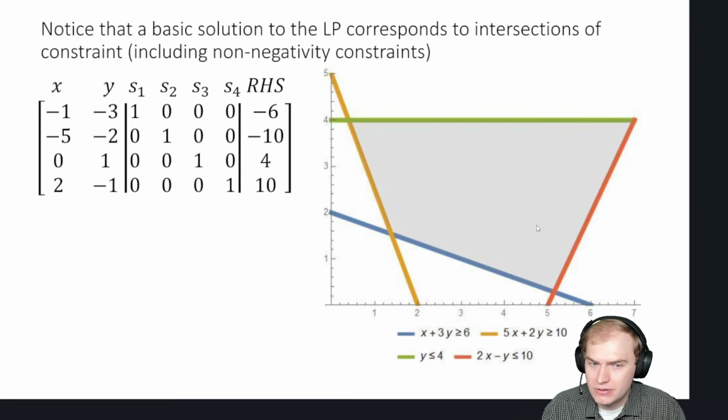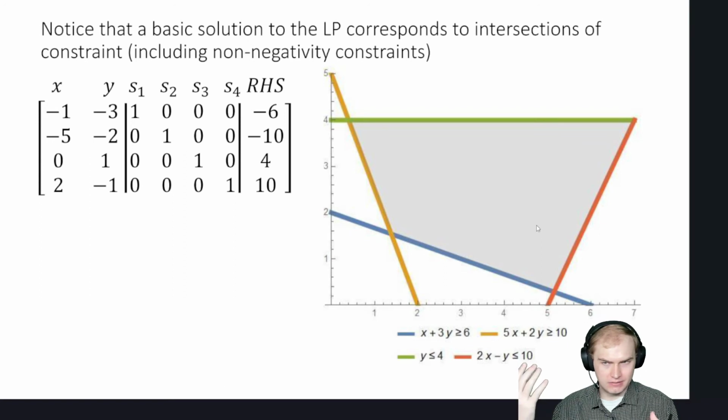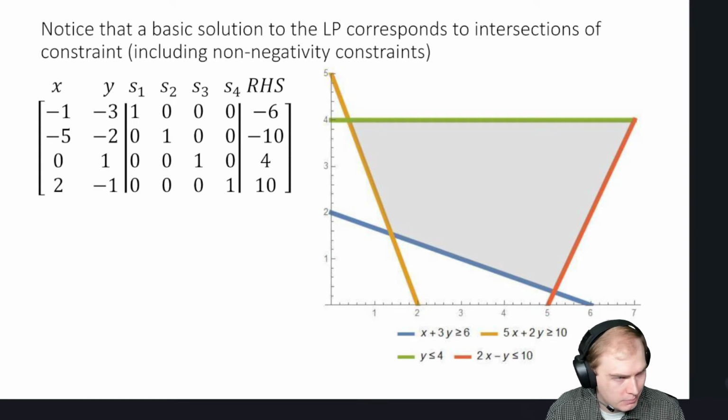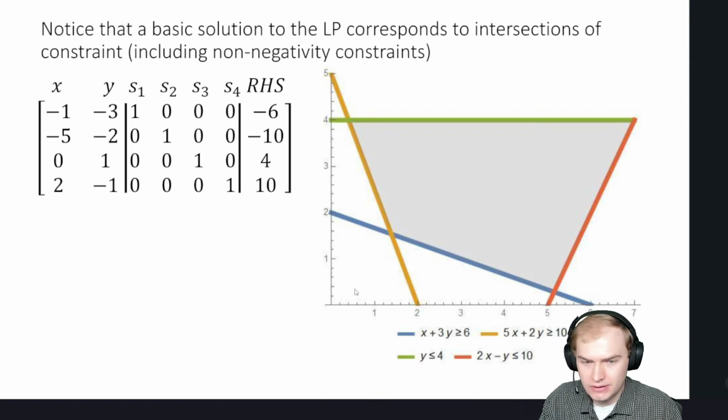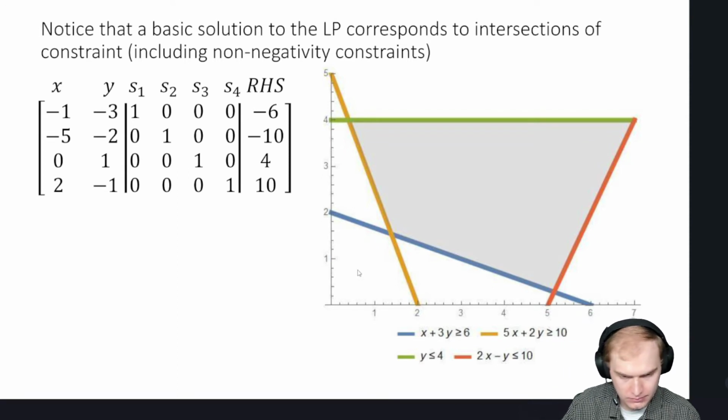So now we're going to explore how basic solutions and extreme points and slack variables all work together to give us a coherent picture. So let's start. My notes have gone away.